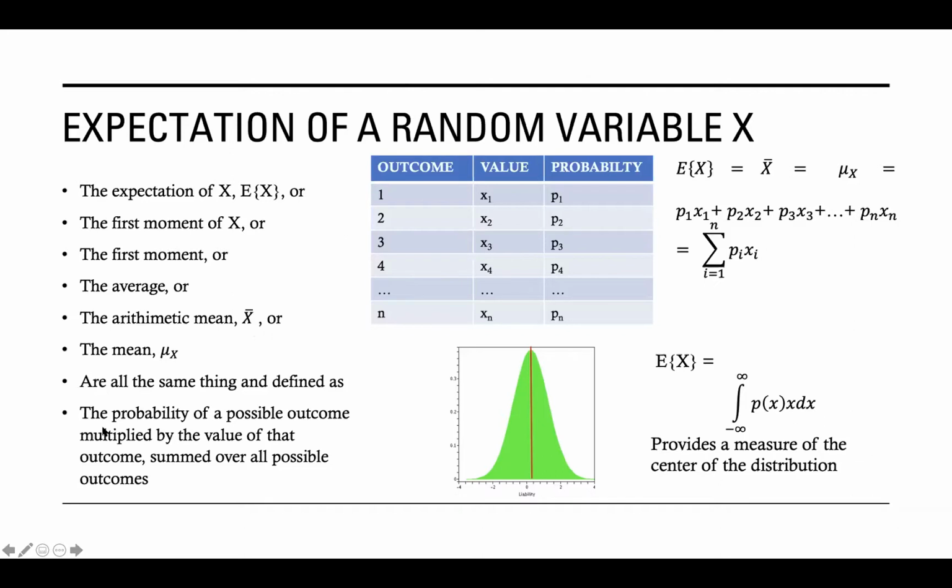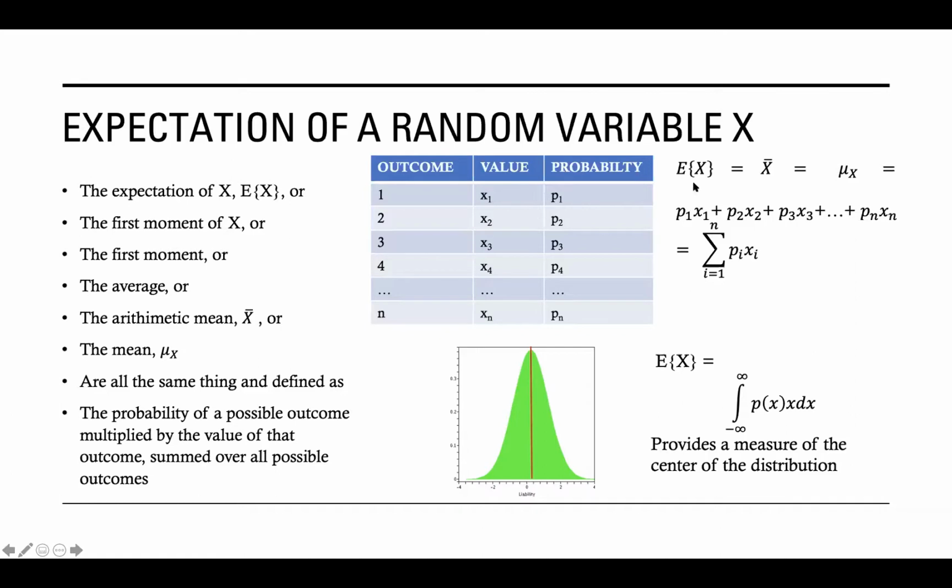And they're all defined as the probability of a possible outcome multiplied by the value of that outcome, summed over all possible outcomes. So the expectation of x, which we might write as x bar or mu x, is equal to the probability x is found in outcome 1 times the value of outcome 1, which is x1.